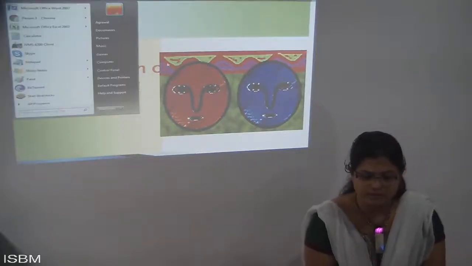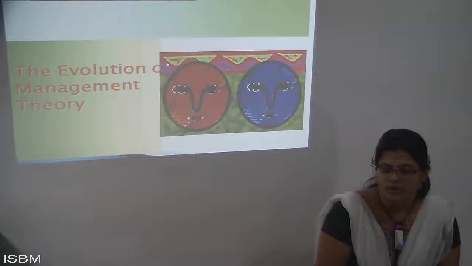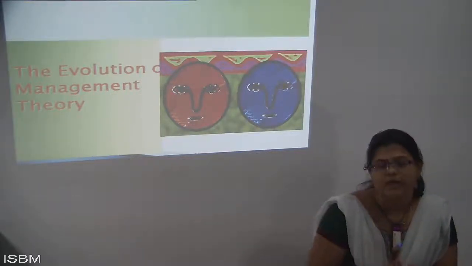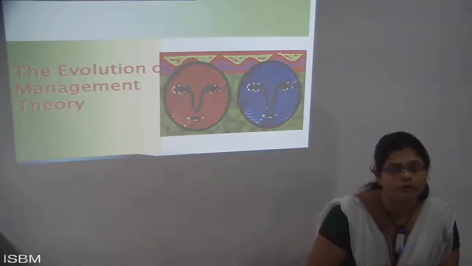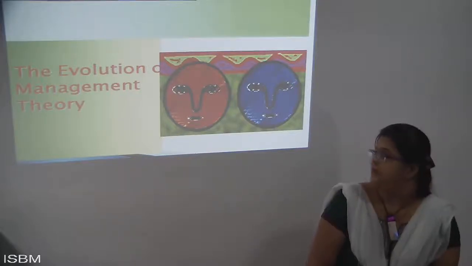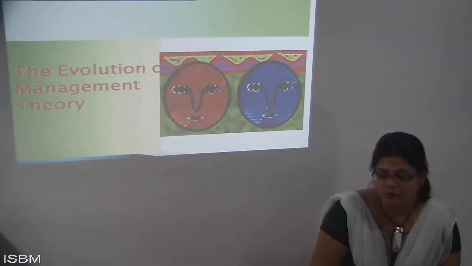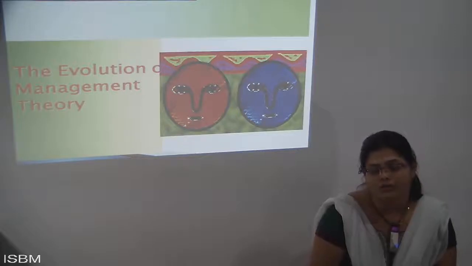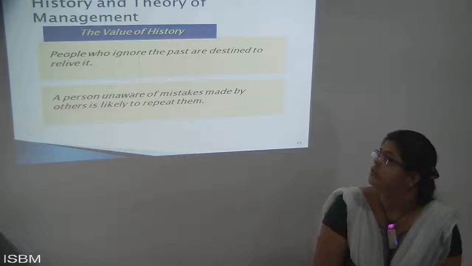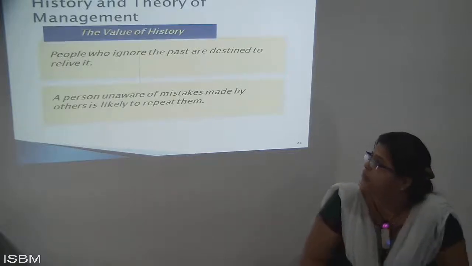In this chapter we will learn the different types of theories and the points of view they use. Basically, this chapter deals with the evolution from the olden levels to the current level. First, the history and the theory of management.